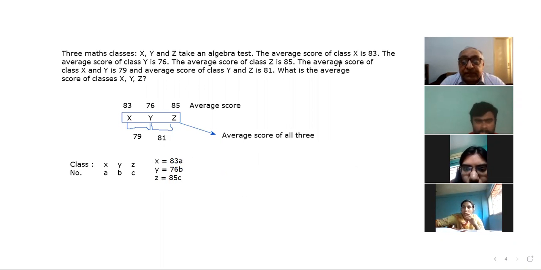So now let us move further. In the next step, it is given that the average score of X and Y is 79.